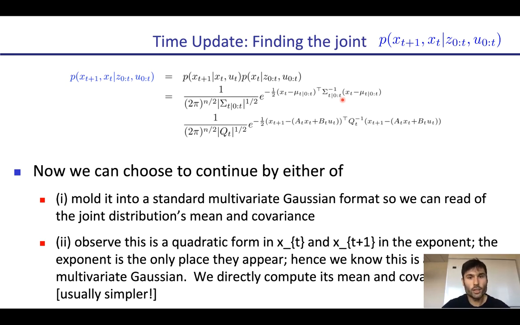To find this joint distribution, we can approach it in two ways. One is to model it as we had it before and do all the tricks of computation of quadratics. The other way is by seeing that this is an exponential of quadratic terms, and if you have an exponential of quadratic terms, this is a Gaussian distribution.